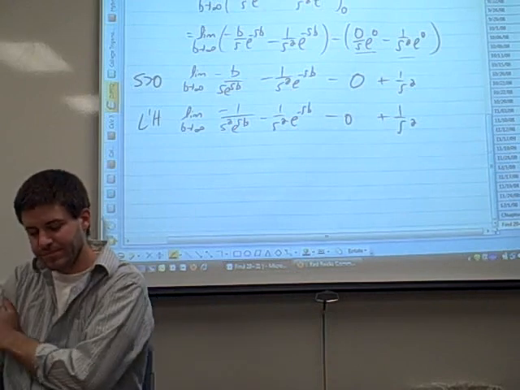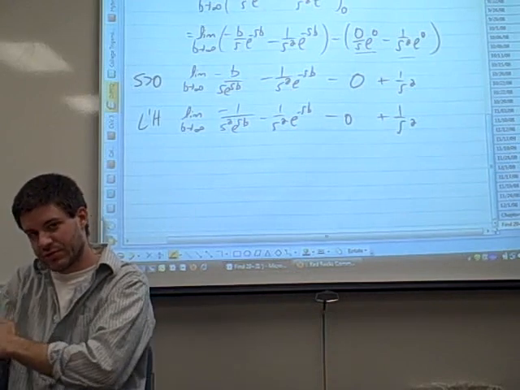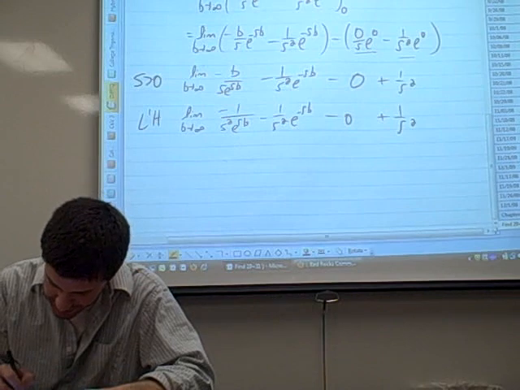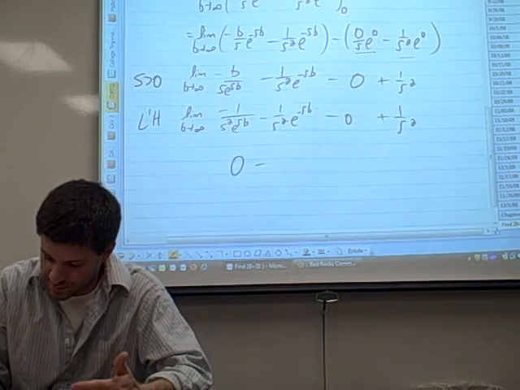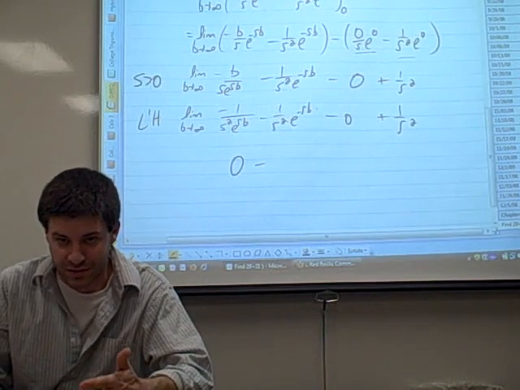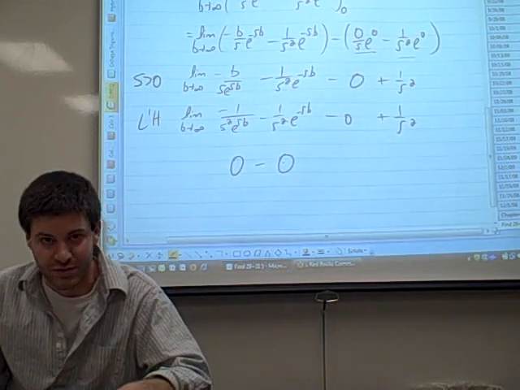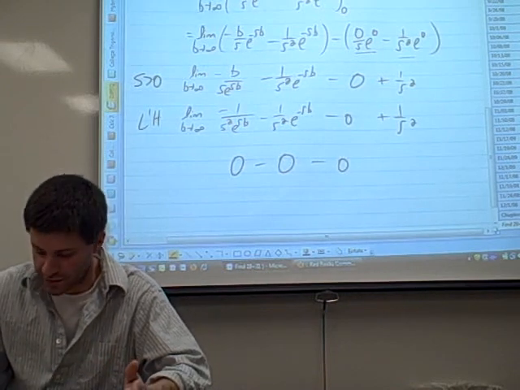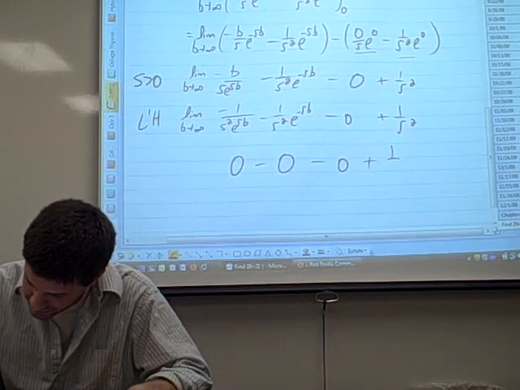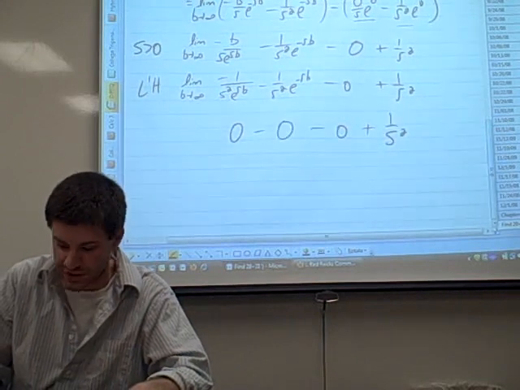Okay, so we just made an argument using L'Hopital's rule that this limit here goes to 0. We also just made an argument by basically plugging in b as b goes to infinity, that that term goes to 0. Our third term went to 0 because we plugged in 0 and it went away. Our fourth term, the only non-zero term, is just 1 over s squared.